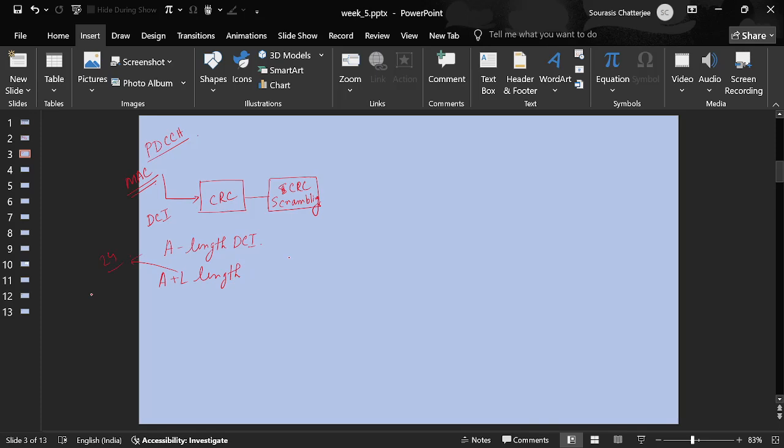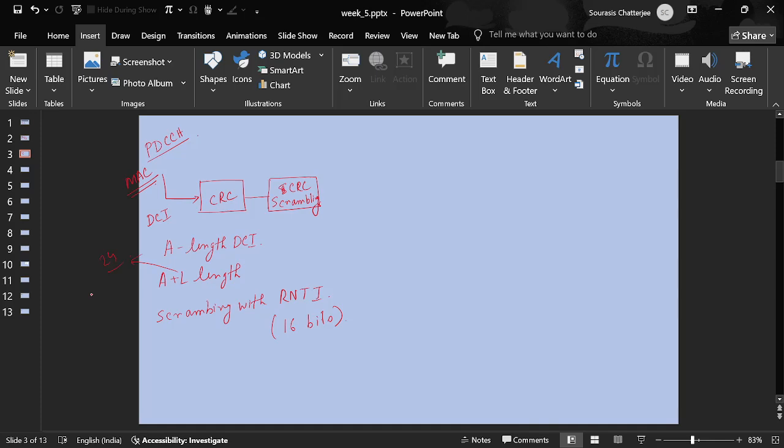Then I need to scramble it with the RNTI. How many bits is the RNTI? 16 bits. So if I use a 24-bit CRC and scramble with the 16-bit RNTI, the first 8 bits are retained as they are, and the last 16 bits are scrambled.